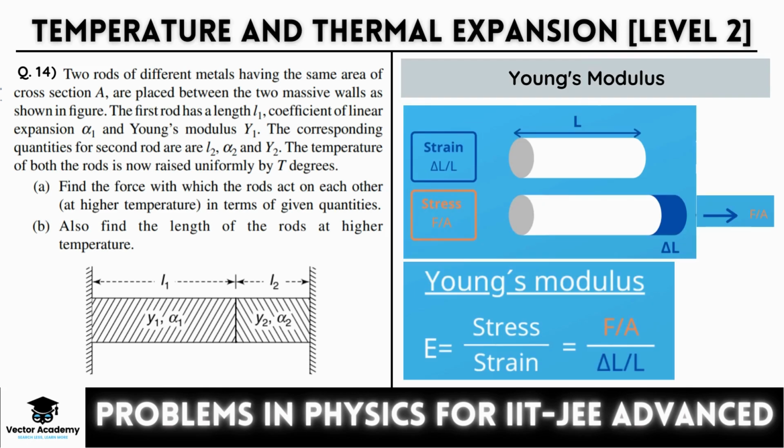Young's modulus is the ratio of stress and strain. Here, stress is force per unit area, and strain is change in length per unit original length.